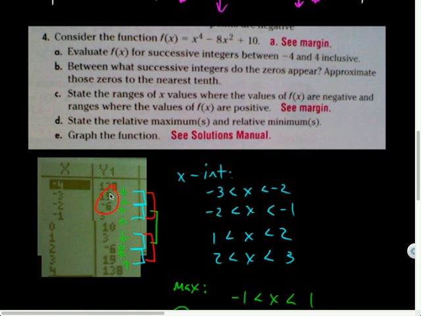But if I was really just estimating, if there's a sign change here and it was 19 at -3 and -6 at -2, which do you think the x-intercept will be closer to, -3 or -2?